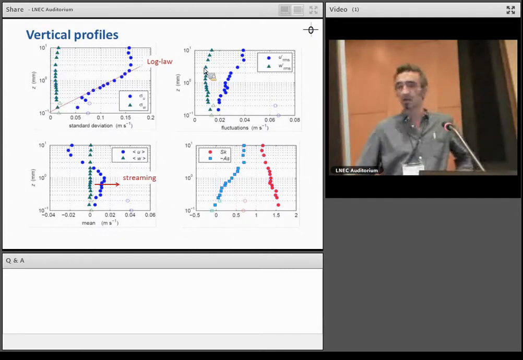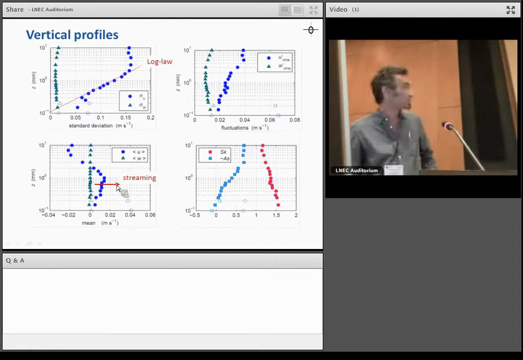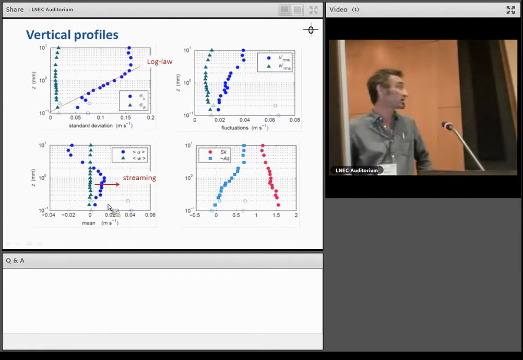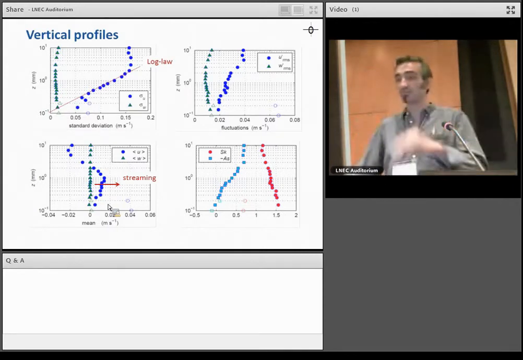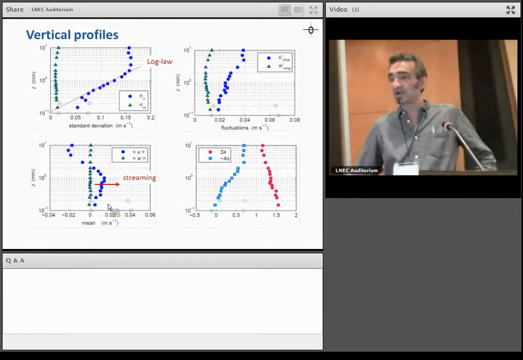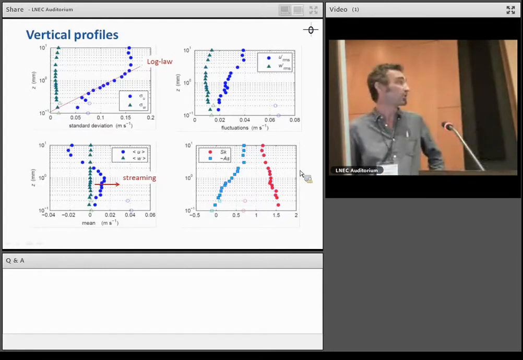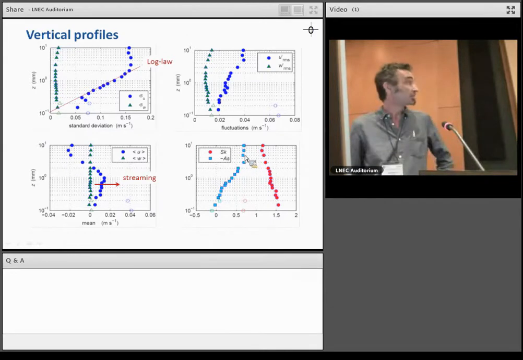So here I draw my conclusions. I hope that you are convinced that we collected a high resolution data set with a large number of instruments, with the analysis of cross-shore variations and also vertical variations for a few cross-shore locations on the beach, to study the wave nonlinearities related to wave-wave interactions.